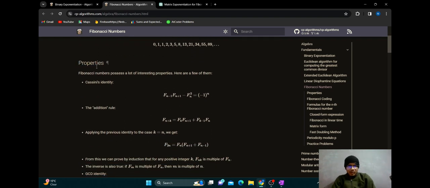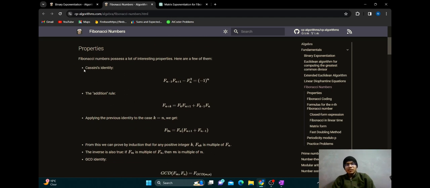So let's see some of the interesting properties of Fibonacci numbers. First is Cassini's identity. You can prove all these properties using mathematical induction. Cassini's property states that if you take the nth Fibonacci number, and multiply the previous and the next Fibonacci numbers, minus the square of the current one, it will come out to be minus 1 to the power n.